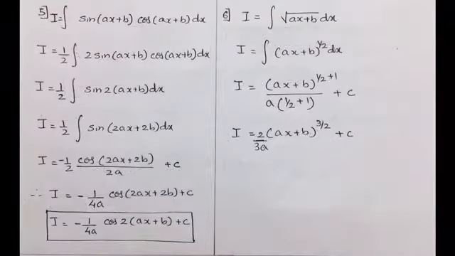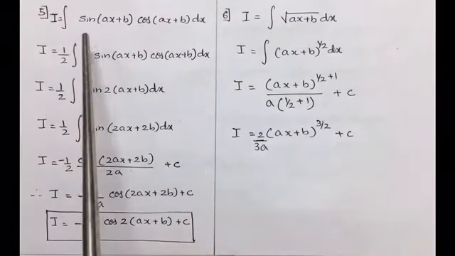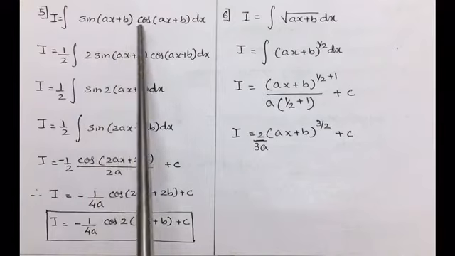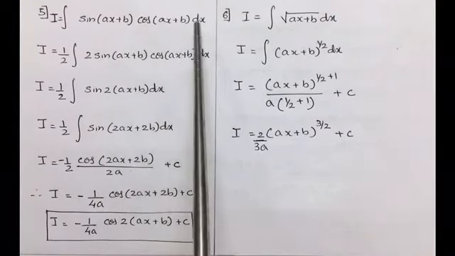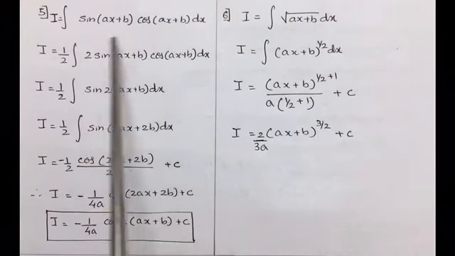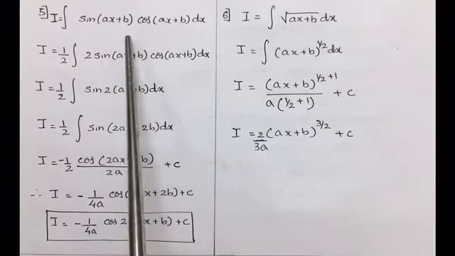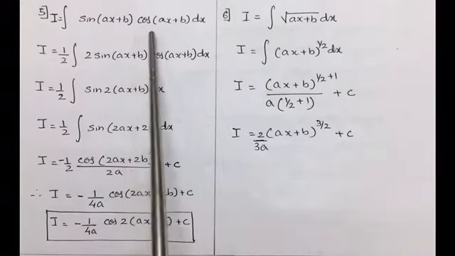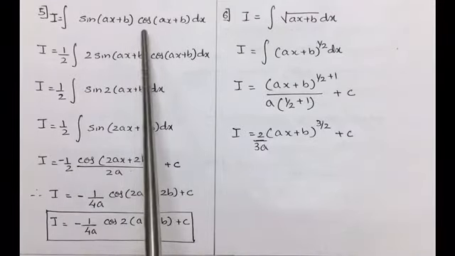Question number 5 is I is equal to integration sin ax plus b cos ax plus b dx. Now there is no multiplication rule in integration, and we cannot directly do the substitution here.